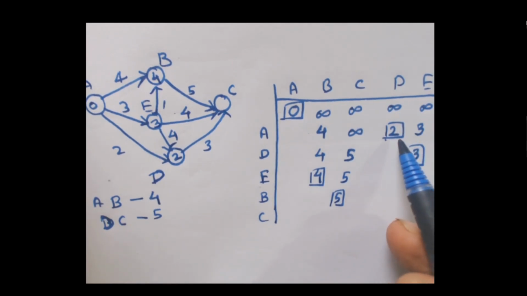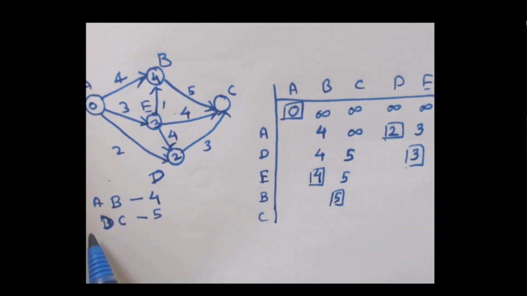The change has occurred, that is why we will select A. ADC is the path for 5. This is how we can calculate the path from a single source to any vertex. Thank you.